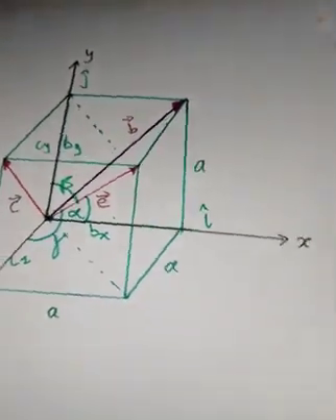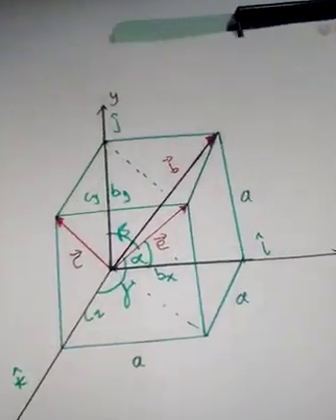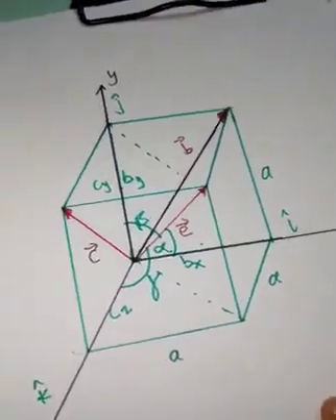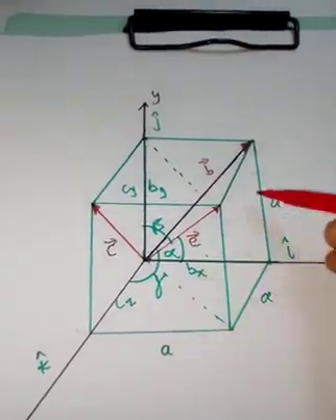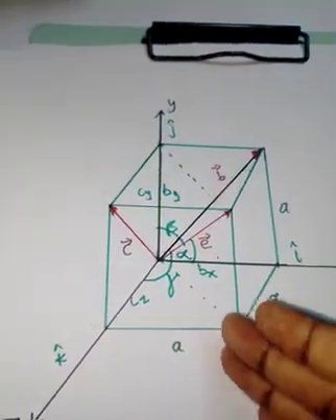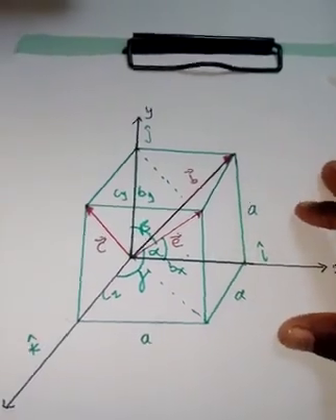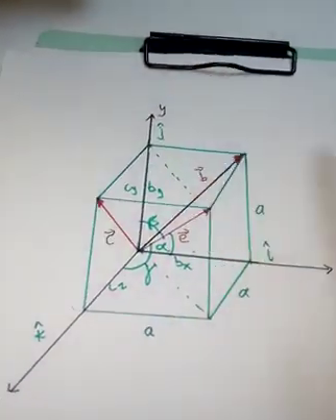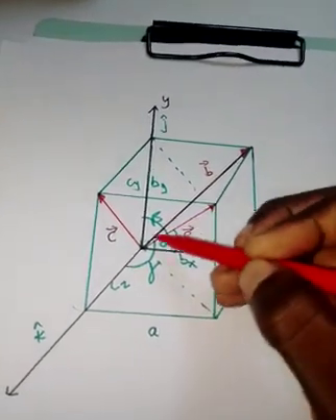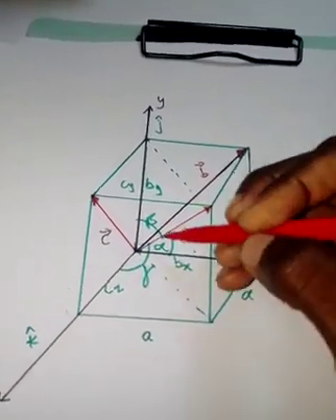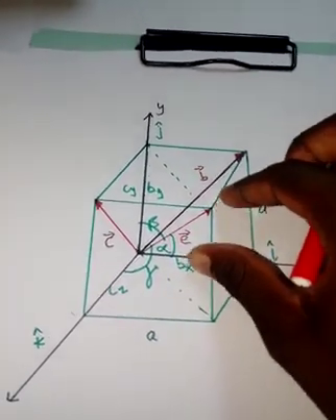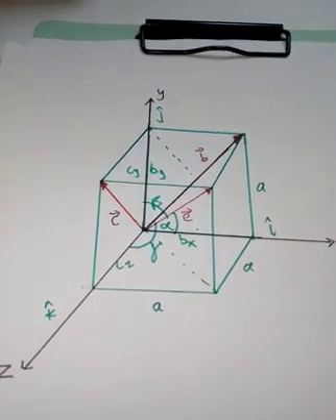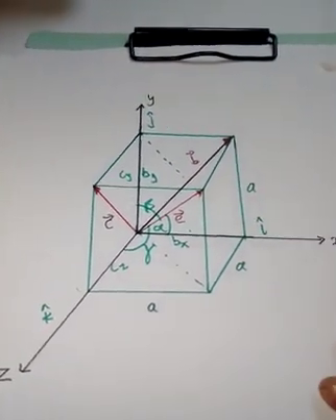If we get back to this, our main interest now is this vector E, which is along this plane, which is cutting the cube into two parts. So this vector E is in the x, y, z space.